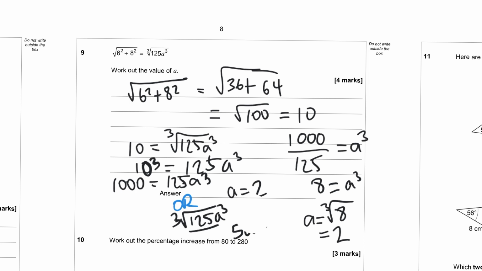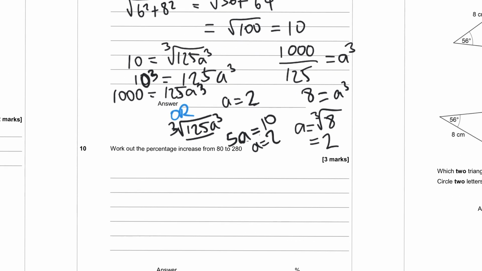Because if we work out the cube root of a cubed, it's a lot of cubed going on, but that will just leave you with a. So 5a would be equal to 10. And so if you did work out what a is, it would be 10 divided by 5, which is also 2. So that's another way that you could have worked it out. So it's always good to show more than one route. But for now, I'm just going to quickly rub that out just so we can see question 10 clearly.